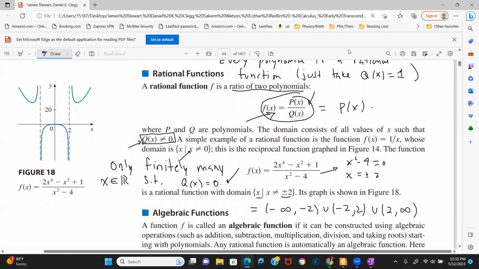You just take the real line and remove the roots of the denominator. As I said, there are only going to be finitely many, so you're only going to have a finite union like this. And the number of intervals you have to union together is equal to the number of roots of your polynomial.